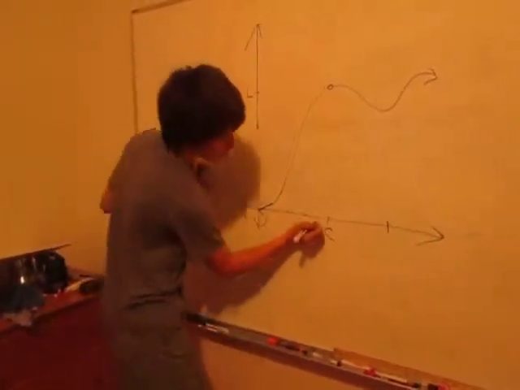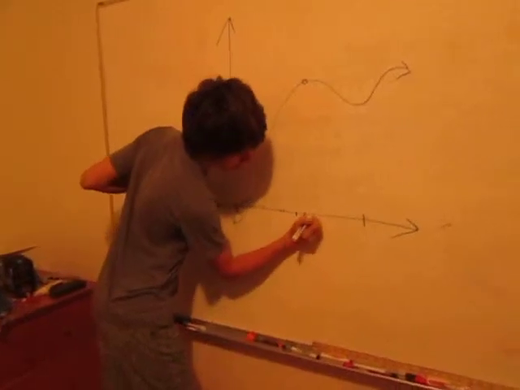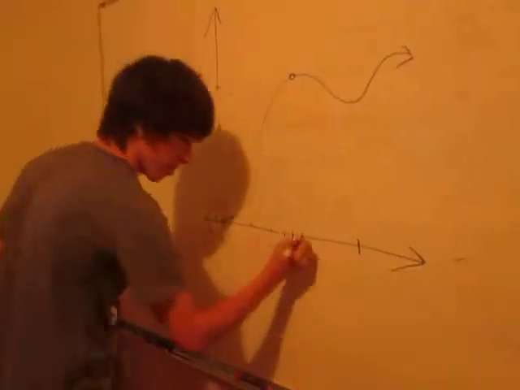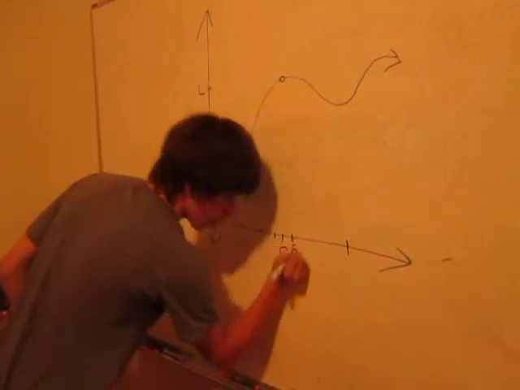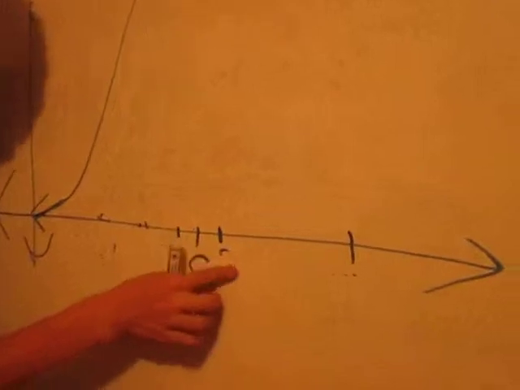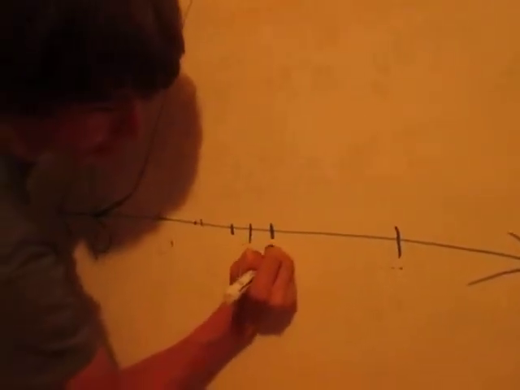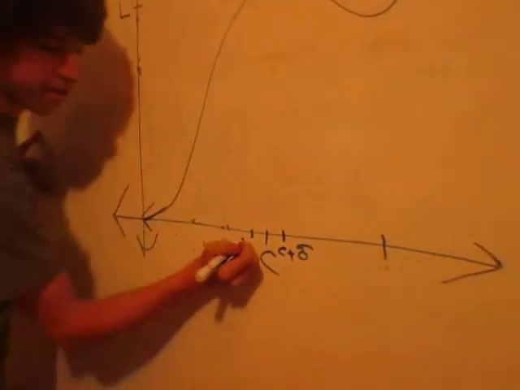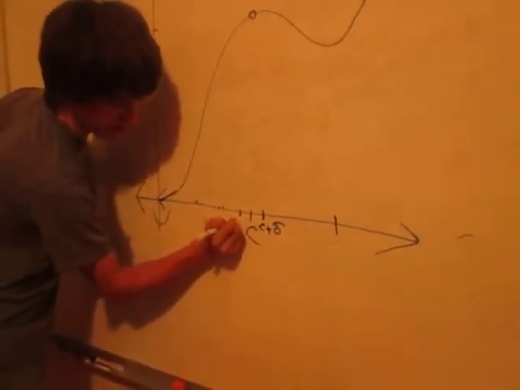and this is the delta range. We draw a little delta here. Not sure if you can see that. And this is, well, this is of course c plus delta. That's our delta, and this is c minus delta.